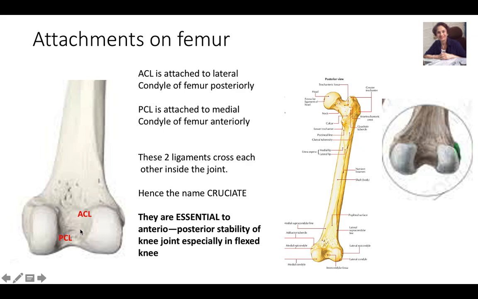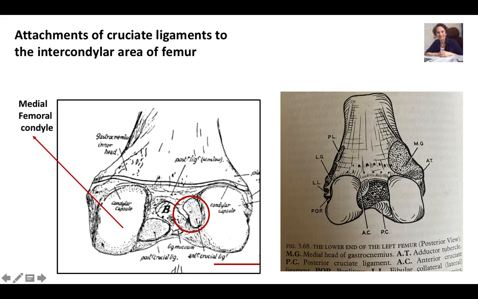Now see the attachments. This is PCL, meaning posterior cruciate ligament. It is attached more anteriorly near the medial condyle of the femur, while ACL, or the anterior cruciate ligament, is attached more posteriorly. This is the posterior surface, and to the lateral condyle of the femur. Here a little better diagram.